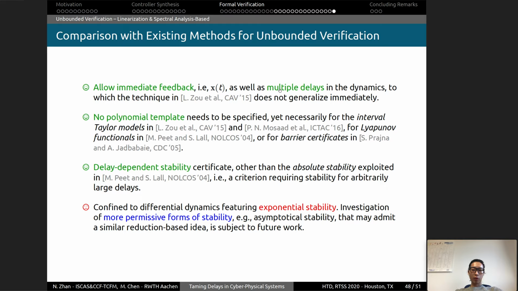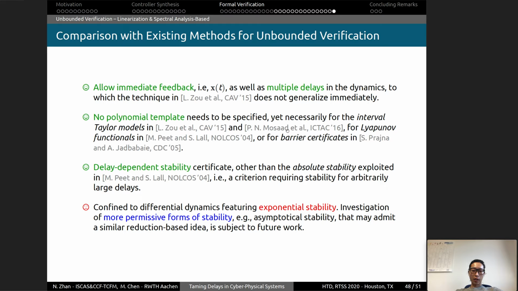Good. A short comparison with existing methods for unbounded verification. So this method first allows immediate feedback, that is x(t). It also allows multiple delays in the dynamics, comparing to the previous method I introduced, which is dedicated for the negative feedback system.